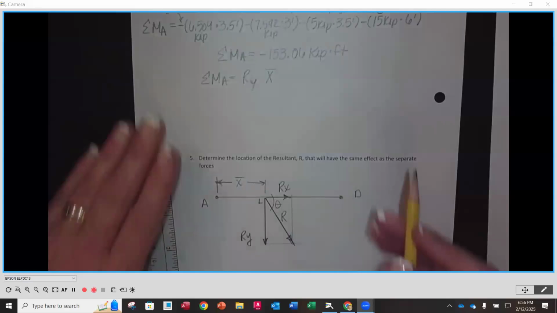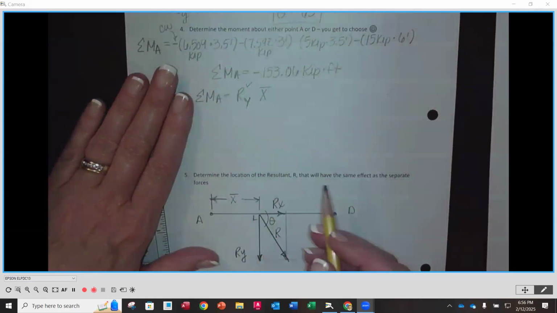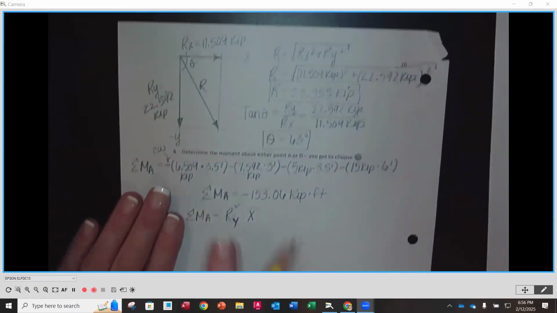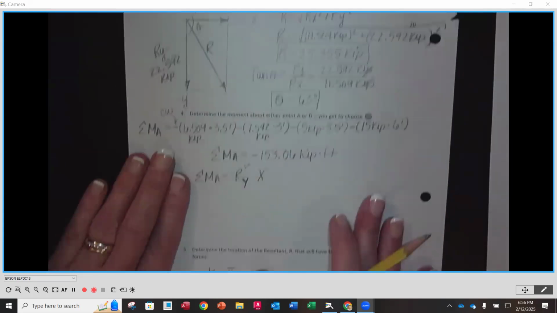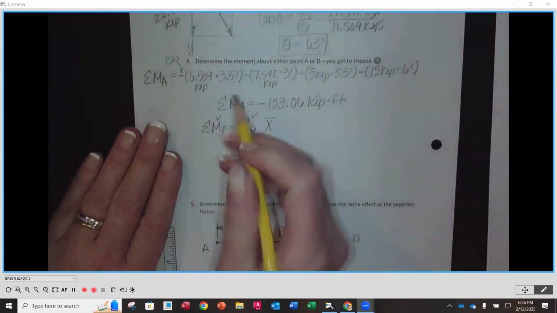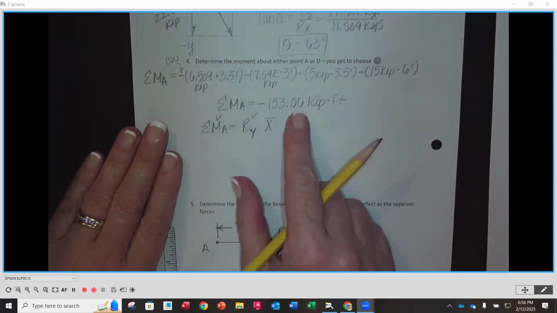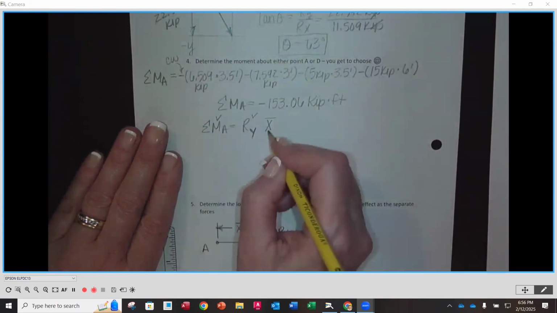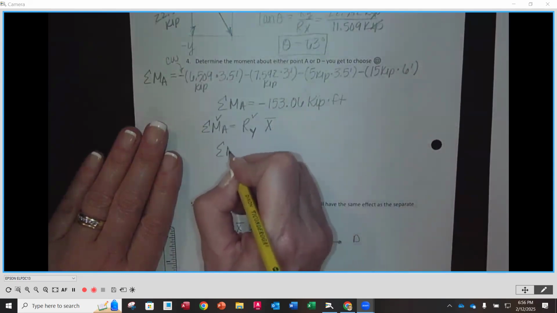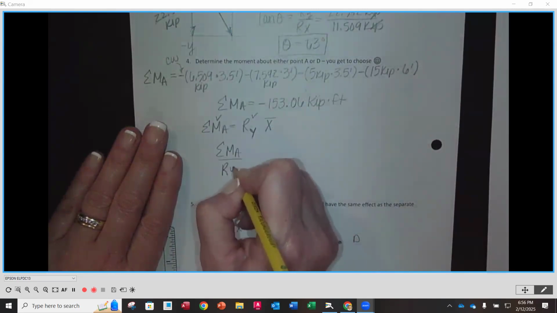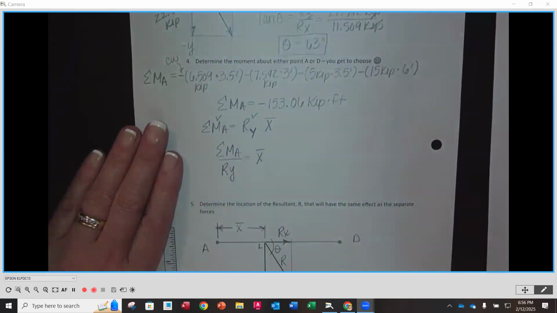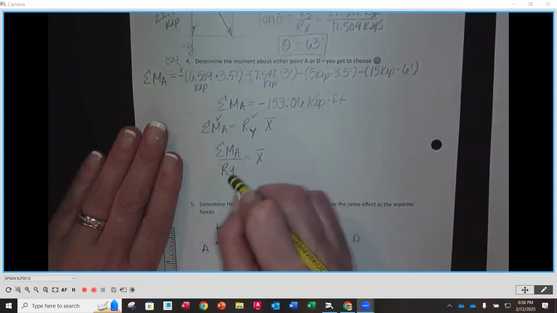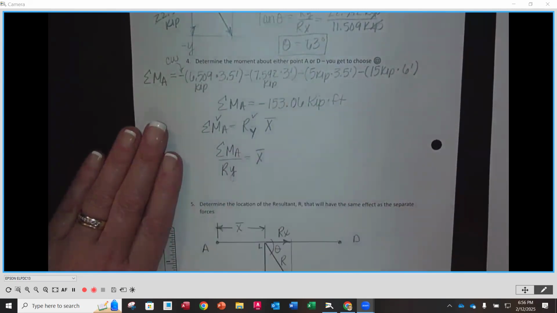All right, so I know the magnitude of my RY, and I'll fill in those numbers in just a bit. I know that from up here, 22.592. I know my total moment around A because I just calculated it. So we're just going to rearrange this to be the sum of the moments around A divided by RY is equal to X bar. And then now we can fill in our numbers.